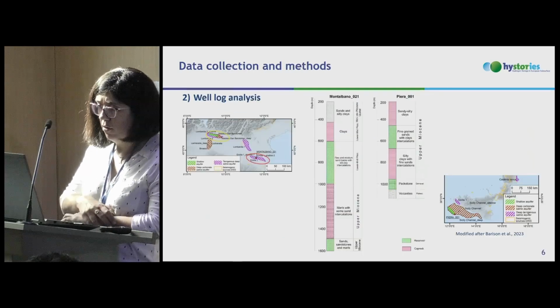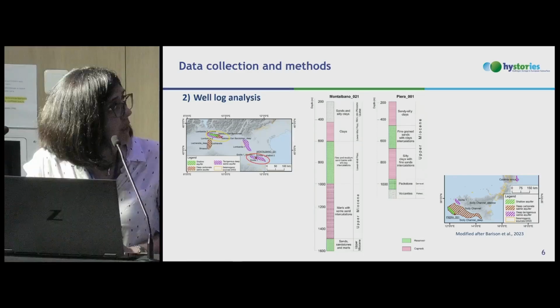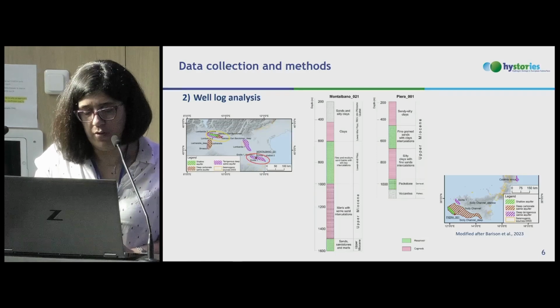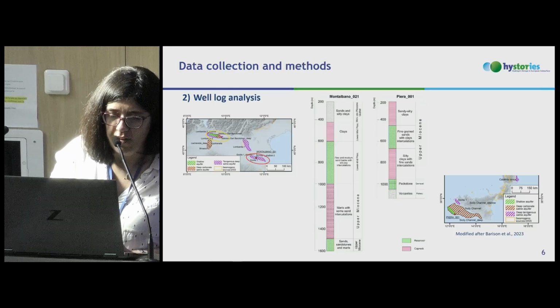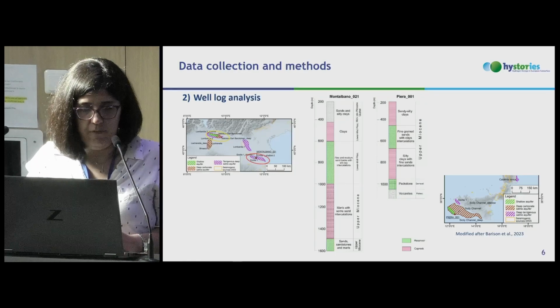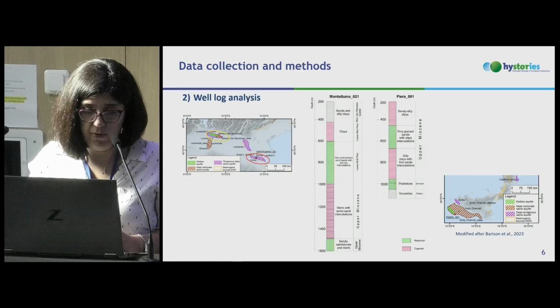Here is an example of two stratigraphies. One is in Emilia, in the Po Plain. This is well Montalbano 21, sorry. And the reservoir is the one in green. We have a shallower reservoir from 600 meters to 1 kilometer depth.